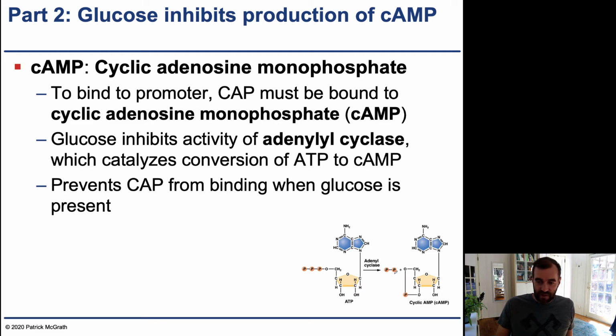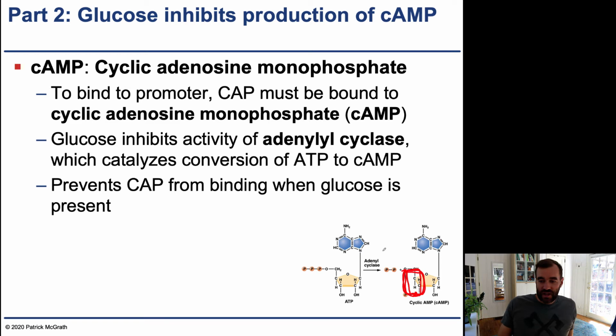It cleaves off two of the phosphate molecules, and then this phosphate makes a covalent bond to the original oxygen, and then it makes an additional covalent bond to the 3' oxygen, the oxygen connected to the 3' carbon. And so this is why it's called cyclic AMP, because you create this cyclical ring structure on it.